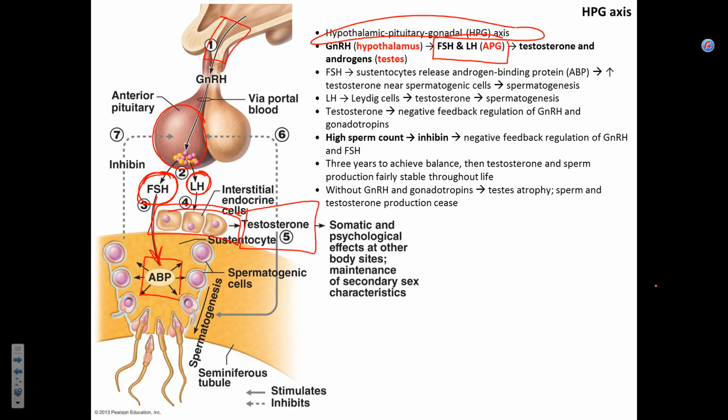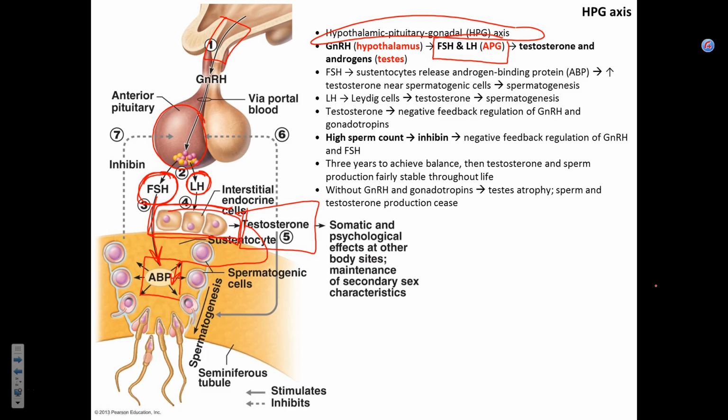Before we actually discuss any effects of testosterone on the human body, just want to mention, look at this now, testosterone that is produced by Leydig cells, it actually binds to the androgen binding protein, and this binding, does that make sense?